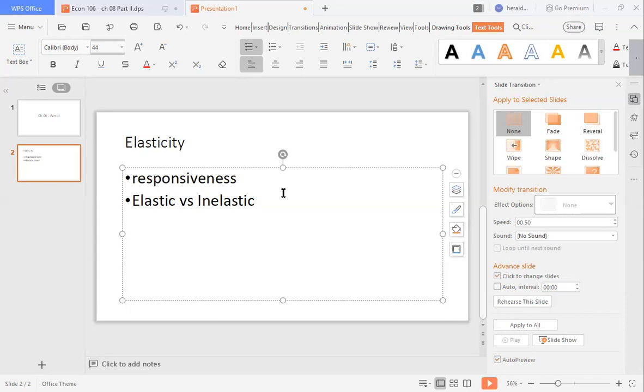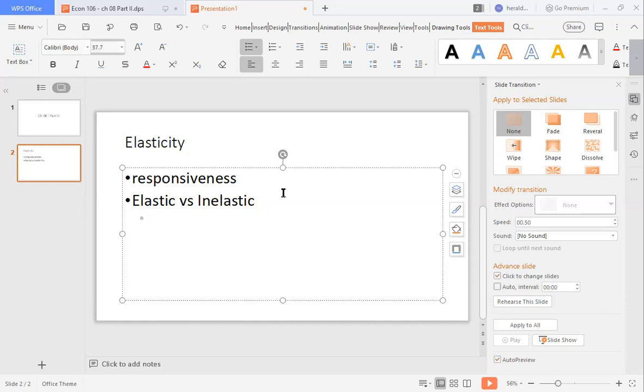Inelastic goods are goods for which consumers are not that responsive. There was a response in terms of less consumption, but it's not that drastic compared to elastic goods. So what are the factors that determine whether the good is elastic or inelastic?